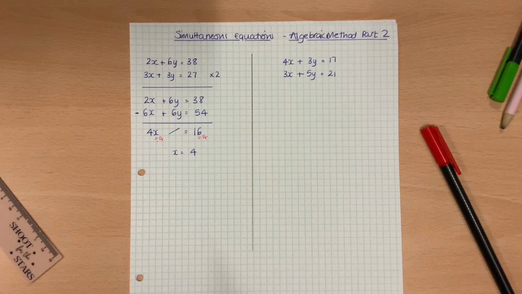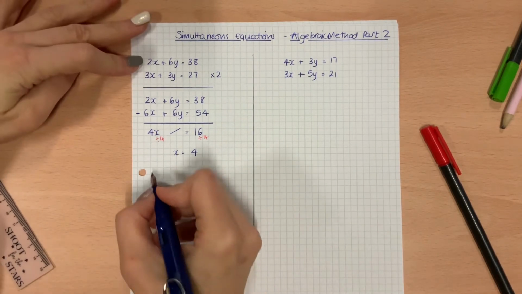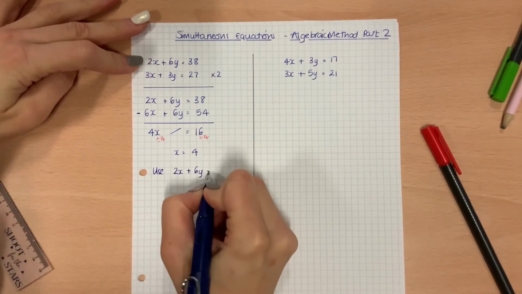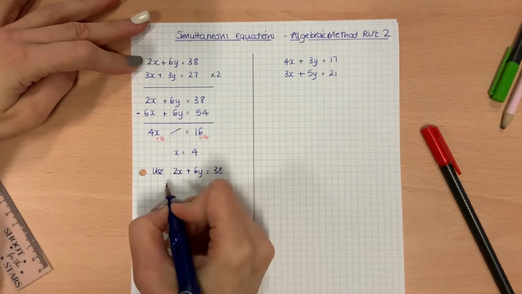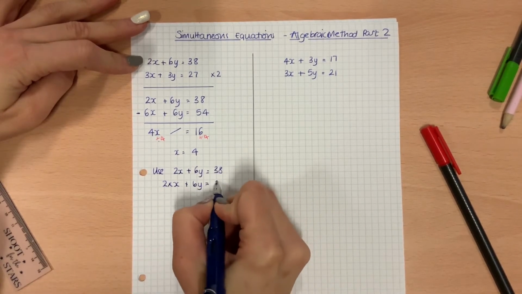So always go back to one of the original equations. I'm going to use the first one. It's just safe to do that. Right, so I know that it means 2 times x plus 6y equals 38.